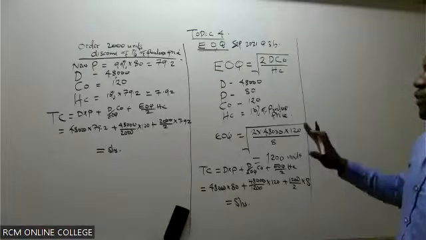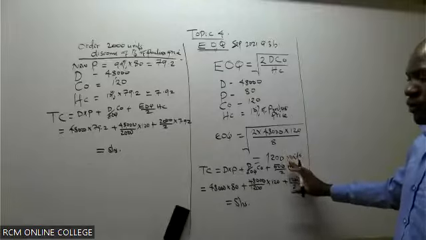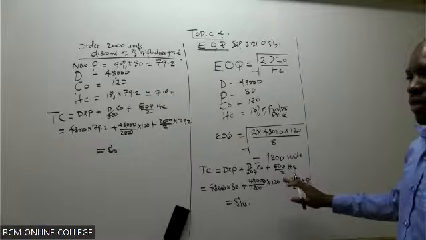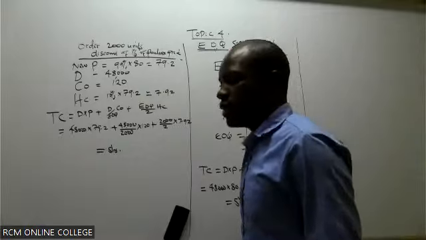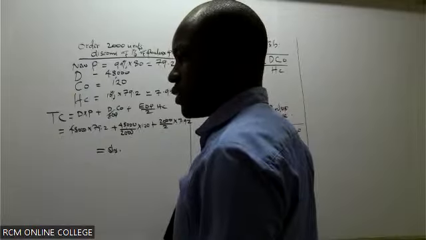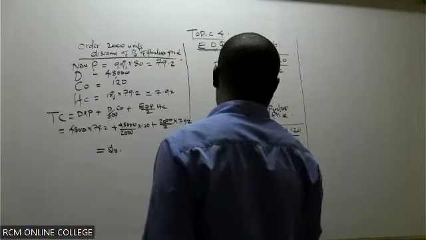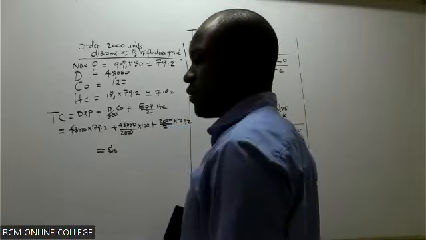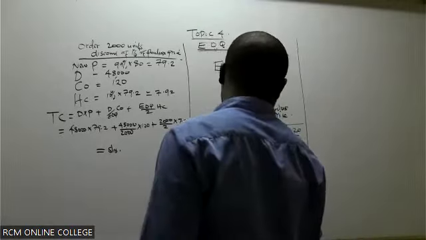So what are you getting for the first one here? Eunice is giving us 3,849,600.